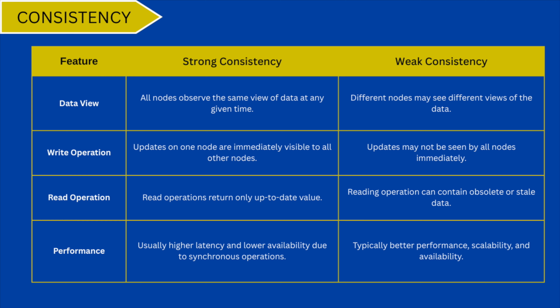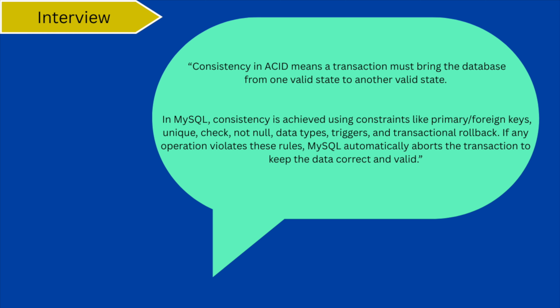Whereas with weak consistency, it's a better performance. So if any interviewer asks you what is consistency, you can say that a transaction must bring the database from one valid state to another valid state. In MySQL, consistency is achieved using constraints, let's say foreign key, primary key, unique, not null, data type, and transaction rollback. If any operation violates these rules, MySQL automatically aborts the transaction to keep the data correct and valid.